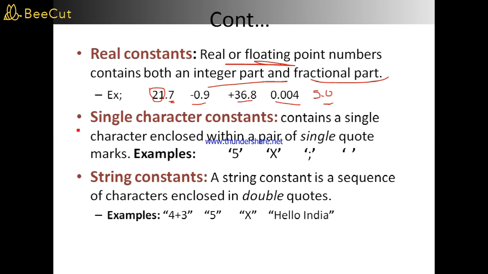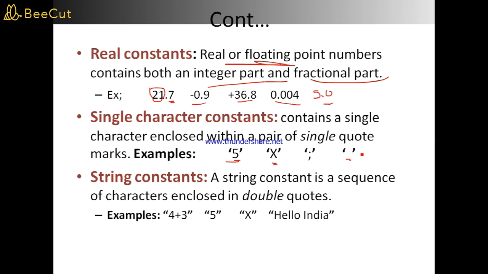Next, another type of constant is the single character constant. Any character enclosed within a single quote is called a single character constant. See here, 5, x, semicolon, and there is a space.